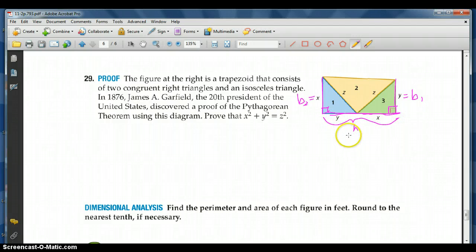So an expression for the height could be x plus y, or y plus x. So our area is going to be half of our height, so half of x plus y times the sum of our bases. Base 1 and base 2 is x plus y, or y plus x.